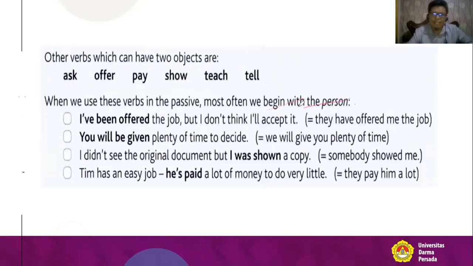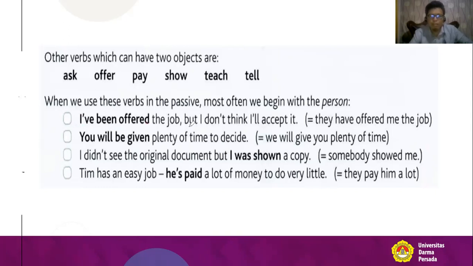So as we discussed earlier, the possibility of having passive can be two, because we have two objects. But when we want to use this one in the passive, we focus on the person first. Let's see. I've been offered. I is a person, and then have been offered. That is the passive.